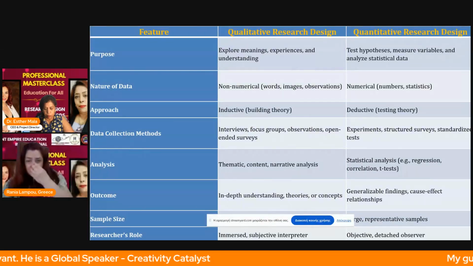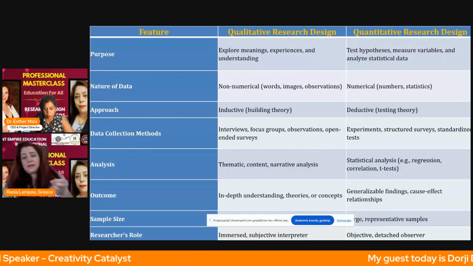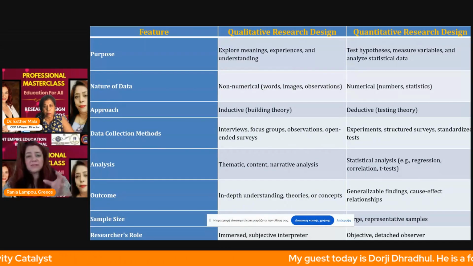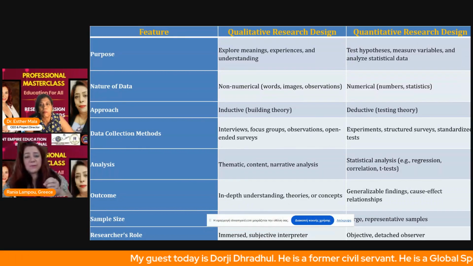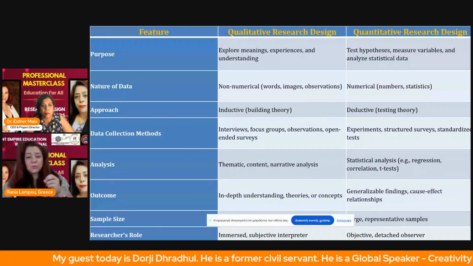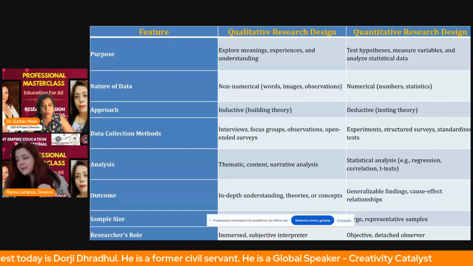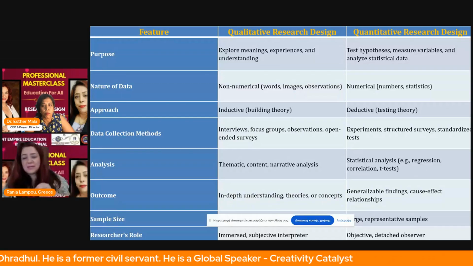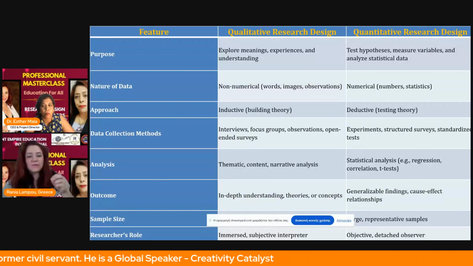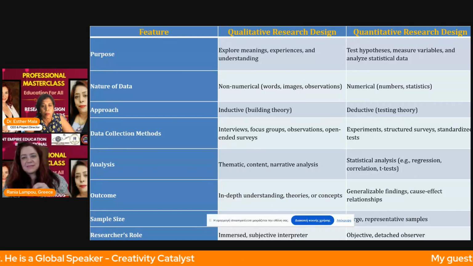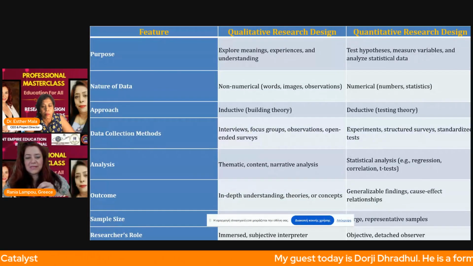Qualitative has to do with non-numerical data. Qualitative is inductive, the other one is deductive. In qualitative research design, we have interviews, focus groups, open-ended surveys. On the other hand, with quantitative, we have experiments, structured surveys. With qualitative, we have thematic content, narrative analysis. With quantitative, we have statistical analysis, regression, correlation, t-test.